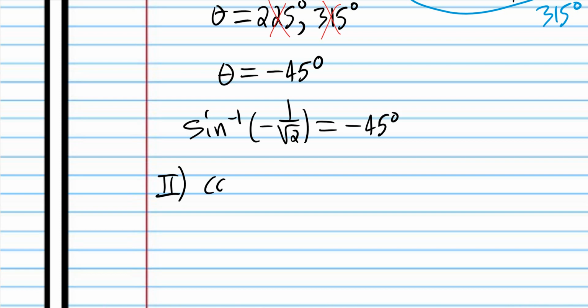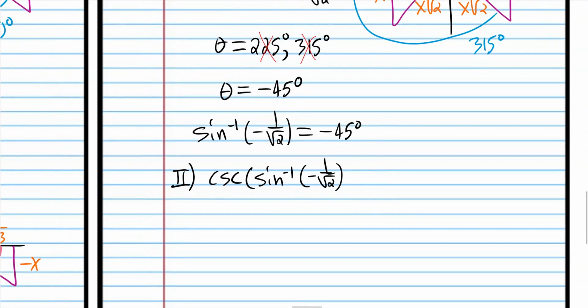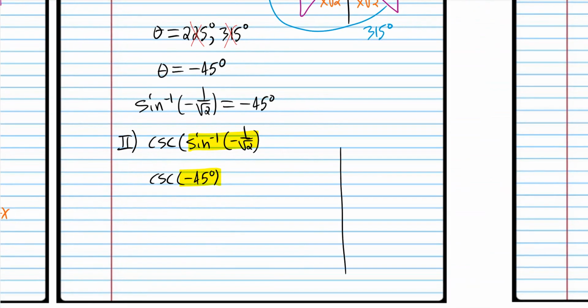But what we're actually looking for is cosecant of sine inverse of negative 1 over root 2. And we already found sine inverse of negative 1 over root 2 is negative 45 degrees. So all we have to do is find cosecant negative 45.